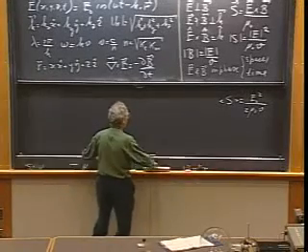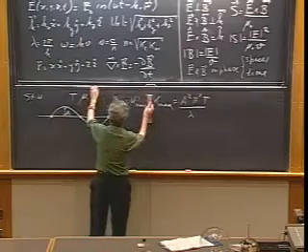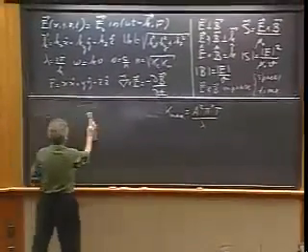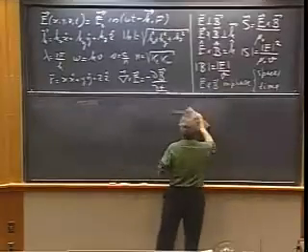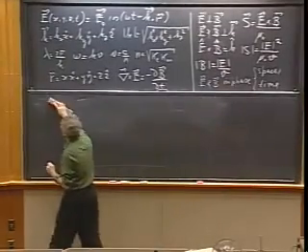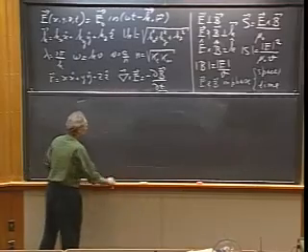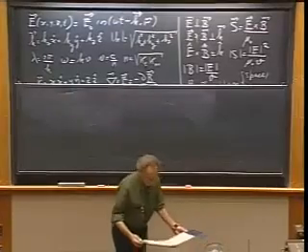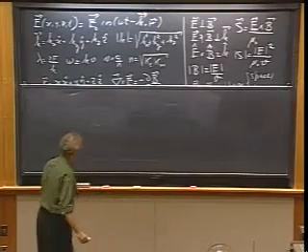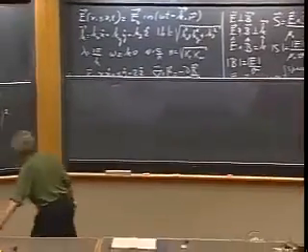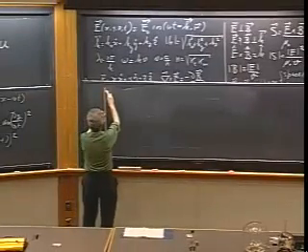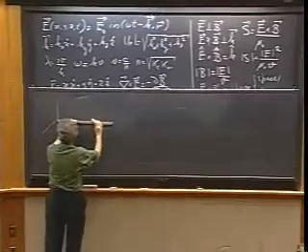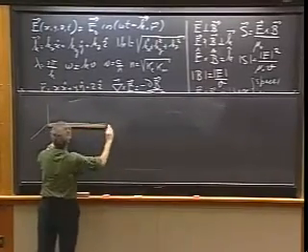Now, I want to go to standing waves. A standing electromagnetic wave, just like the one on a string, has a separation of space and time. Let us suppose we take a specific example. We have here a coordinate system.